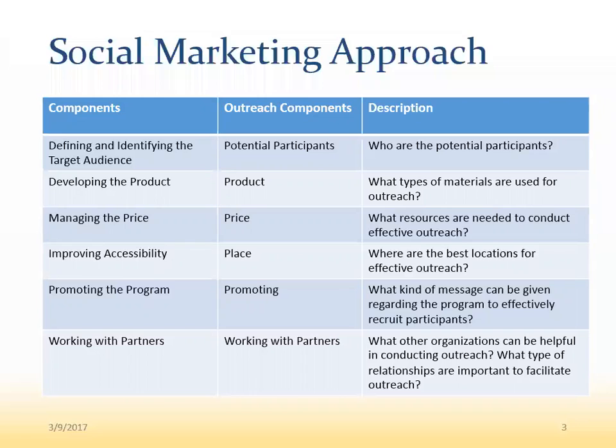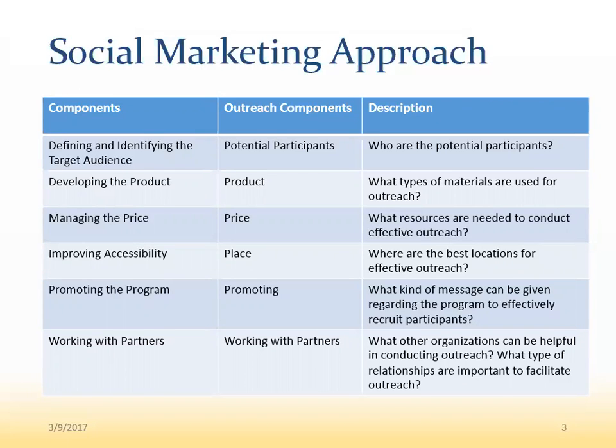Price, which ties into the resources you have access to conduct your outreach. This could be some incentives or something at the organizational level. This can be viewed at the organizational level as well as at the individual level. The organizational level would be how you structure outreach.